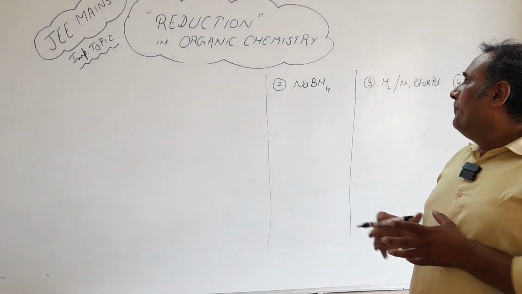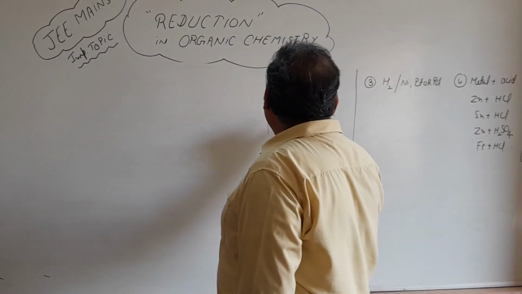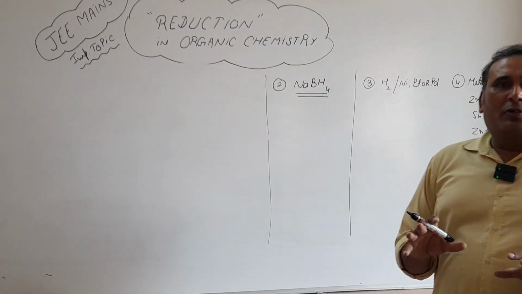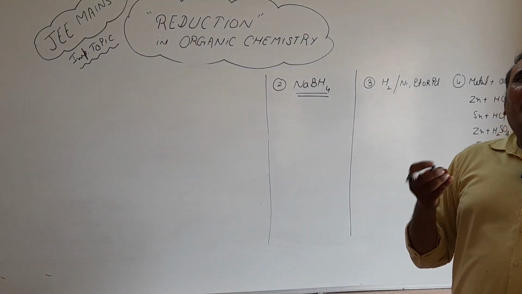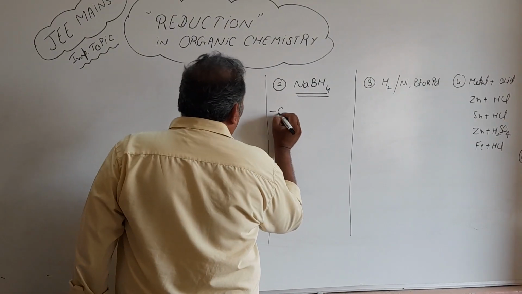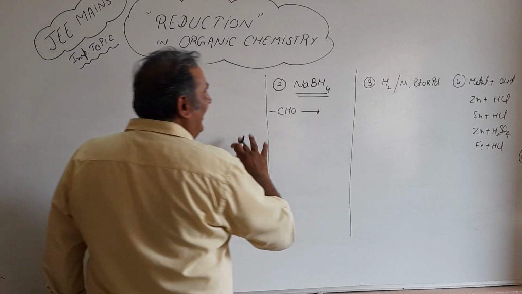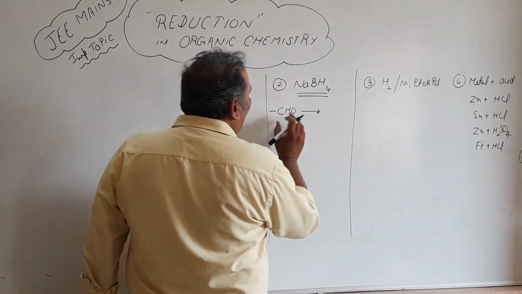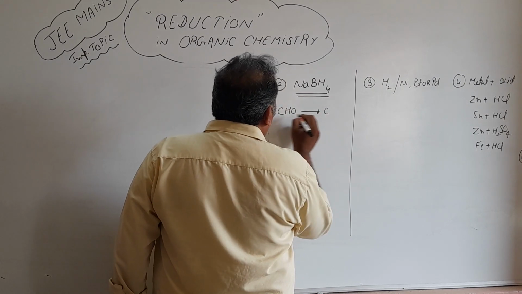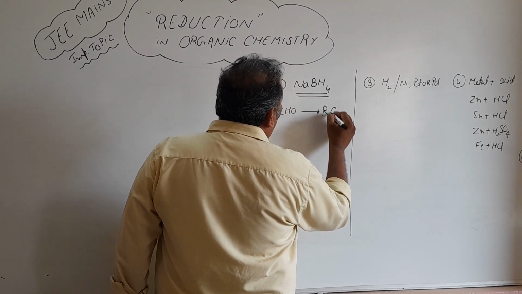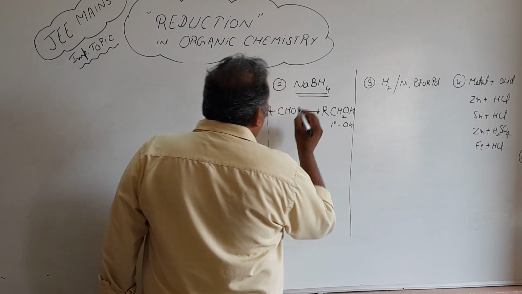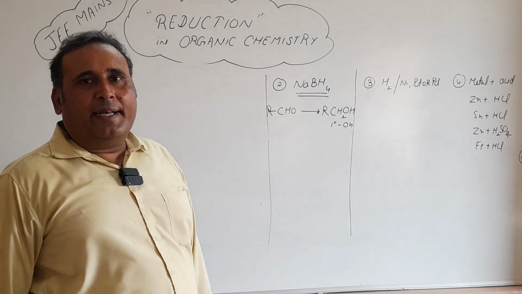So we can say sodium borohydride does not affect every functional group. First of all, we have to remember which functional groups it affects. First, aldehyde. Yes, it works on aldehyde, and aldehyde gets converted into 1 degree alcohol in the presence of sodium borohydride.